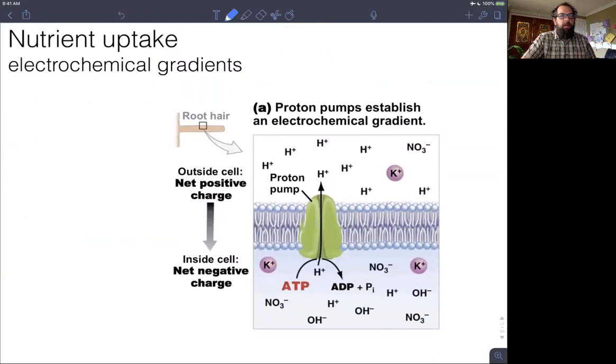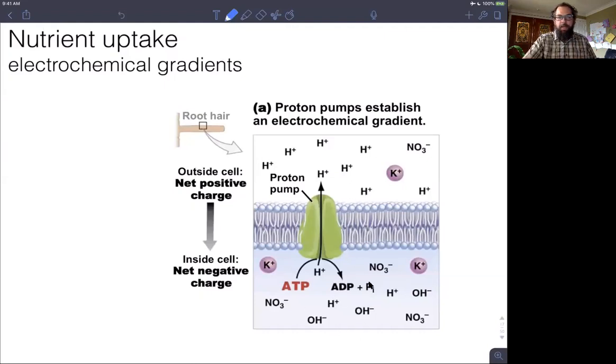And so I just want to again remind you that we have a situation where outside of the root hair, outside of that cell in the soil, we have a very low concentration of our nutrients. Here's a potassium ion shown here, a nitrate ion shown here. These are at very low concentrations outside of the cell, and the plant is concentrating these inside of those cells.